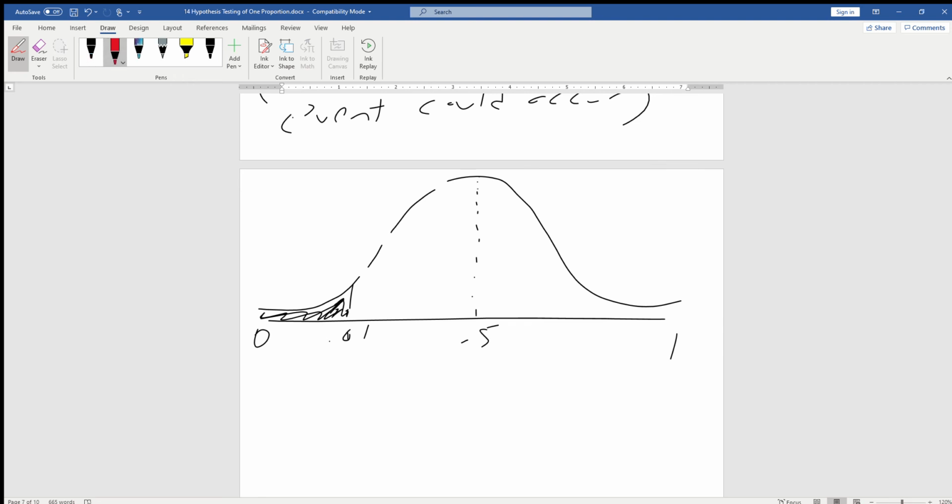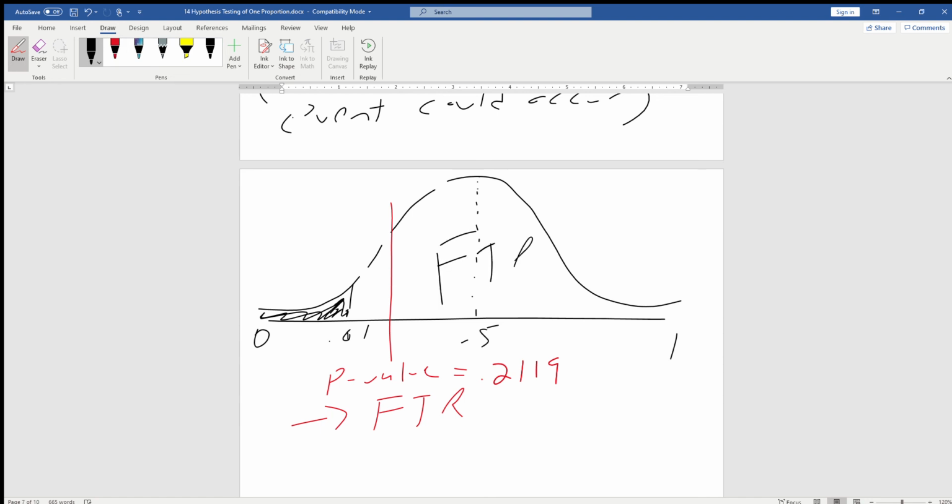So if I was to plot 0.2119 on the graph, our p-value might be right about here, about halfway in between there. The tail's exaggerated, so this is our p-value, 0.2119. And clearly the p-value falls in the fail to reject region, because the fail to reject region is the unshaded region.